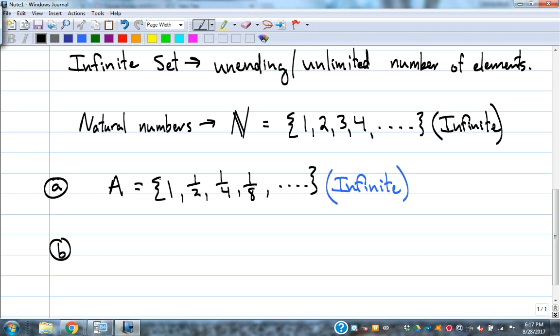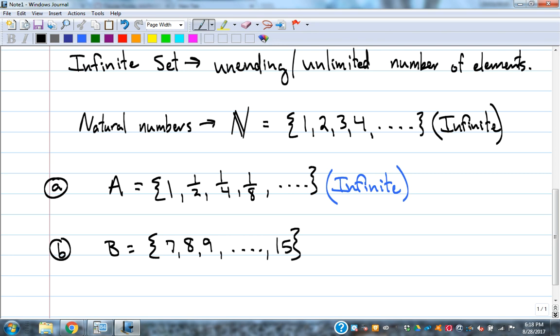Example B, let's look at a set. Let's call this set B. Maybe there is a pattern, and there is a ..., but then they put a number at the end. What does that imply about that set? That it's got an end, right? The ... in the middle says they've established a pattern.